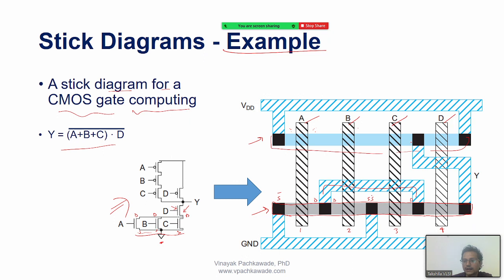And once I know where my drains and sources are, I only want to make 4 connections for VDD, ground, input and the output. So this is how the stick diagram will be used. Okay, so just take this as an assignment again and try to practice it.